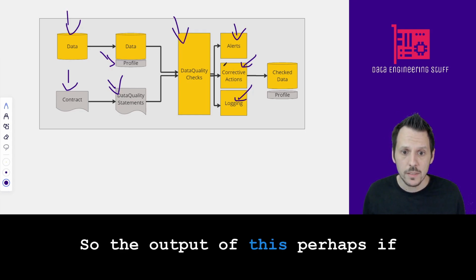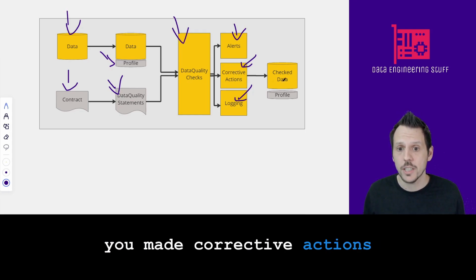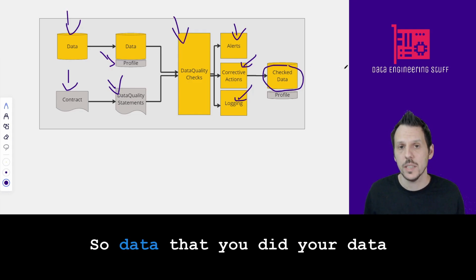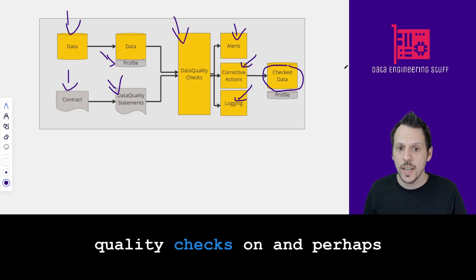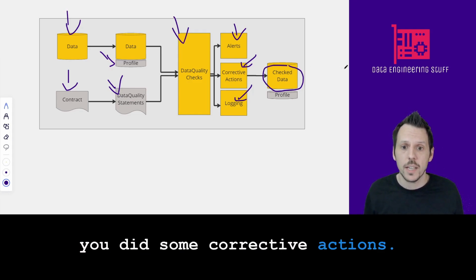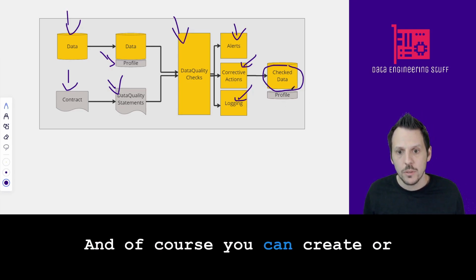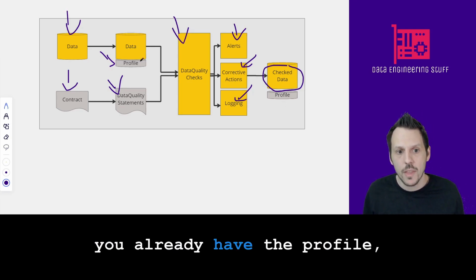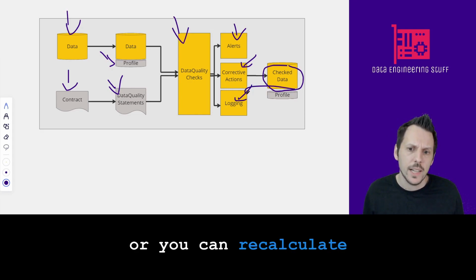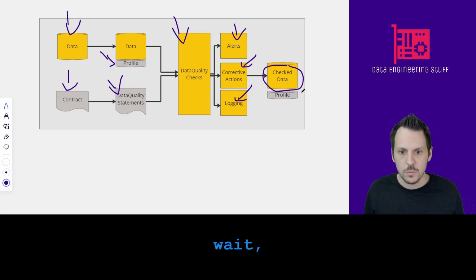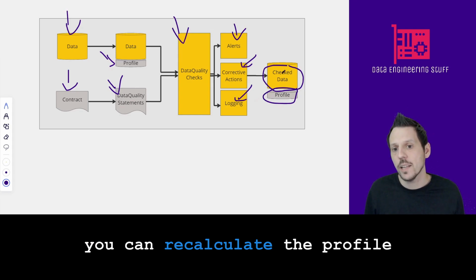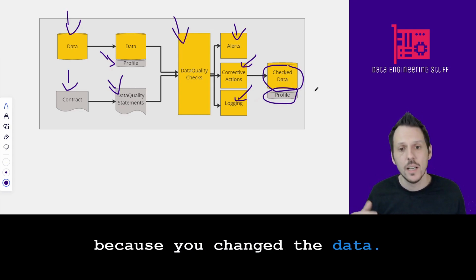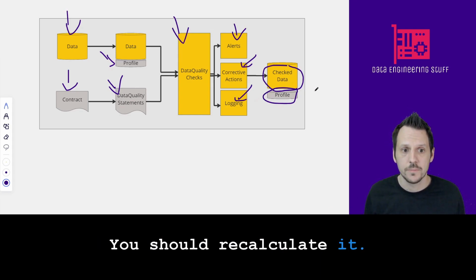So the output of this, perhaps if you made corrective actions, is checked data. So data that you did your data quality checks on, and perhaps you did some corrective actions. And of course, you already have the profile, or you can recalculate the profile because you changed the data. So you should recalculate it.